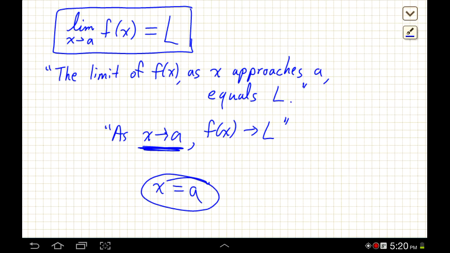And if x has the value, then a function evaluated at a would just be the evaluation of that expression, replacing all the x with a. However, that's not what we're talking about regarding limits. For a limit, x approaches a. So that means that our x is very, very close to the value a, but not at the actual number a.